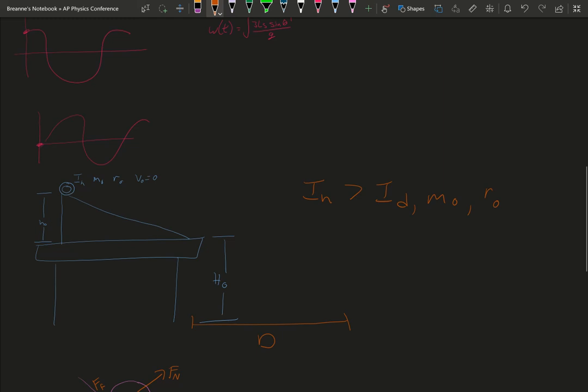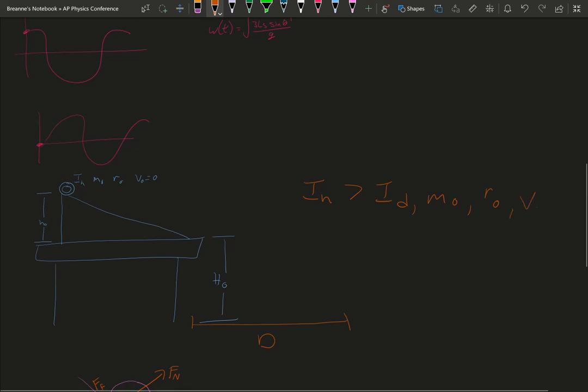So for B, in a clear, cohesive paragraph length response that may also contain figures and or equations, predict which object, the hoop or the solid disk, if either, will travel the greatest horizontal distance after each object is released from rest.